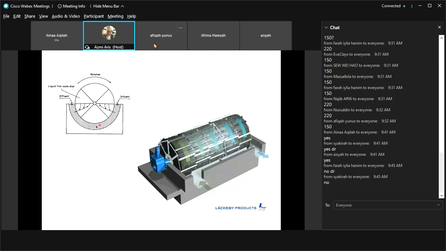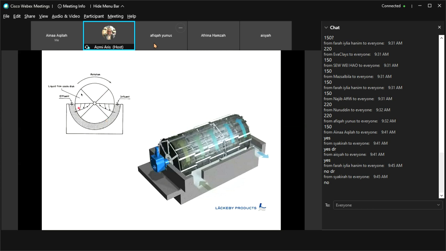When the disc is immersed in the wastewater, that is the time when the food is absorbed by the biofilm. When it goes to the air, that is the time when the biofilm is exposed to the air, and oxygen will get into the biofilm.